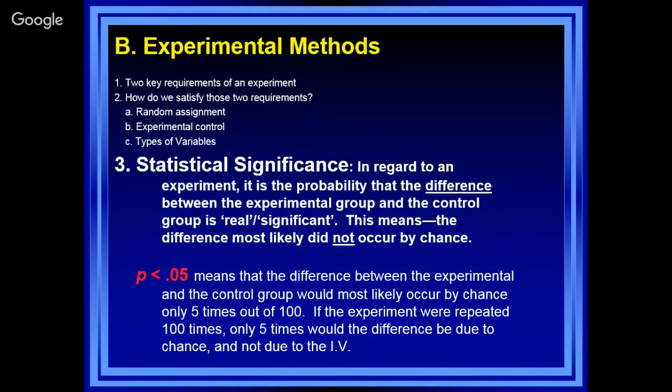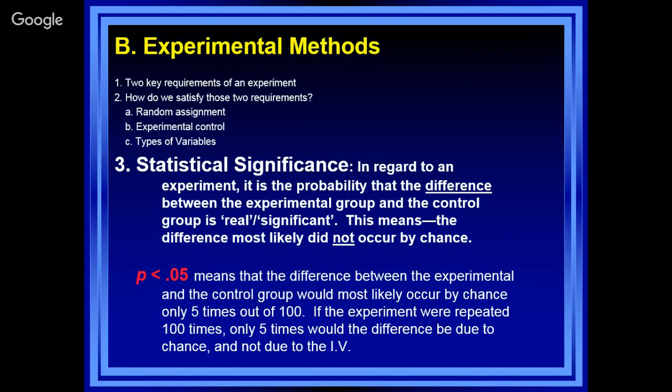So if we say there is a statistically significant difference in the levels of anxiety in persons who take drug A compared to the group who did not take drug A, we mean that the difference in anxiety levels for group A most likely did not occur by chance, that it really was due to the manipulated variable, drug A.